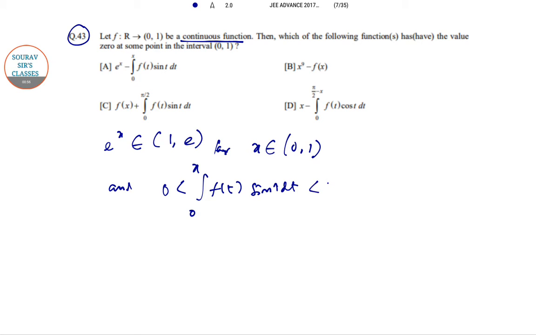We know this part in 0 to 1. So I'm splitting this first option into two different parts. Obviously this part is greater than 0 but less than 1, and this part also lies between 0 to 1. So at least the whole thing is positive.